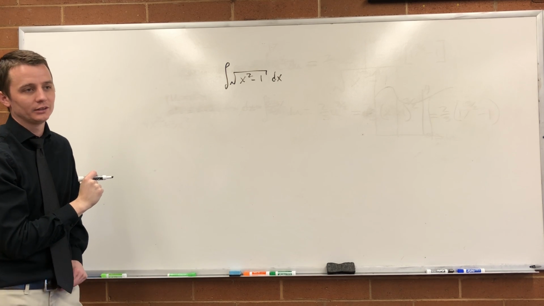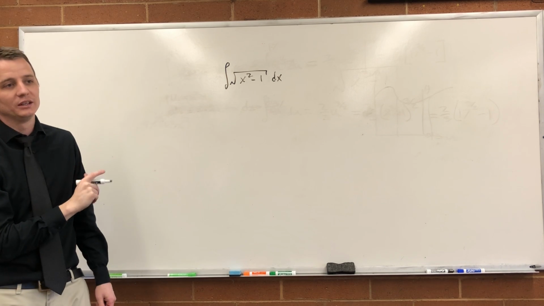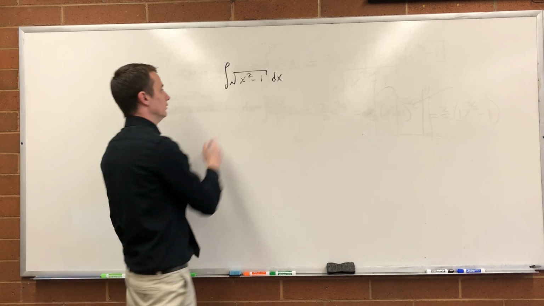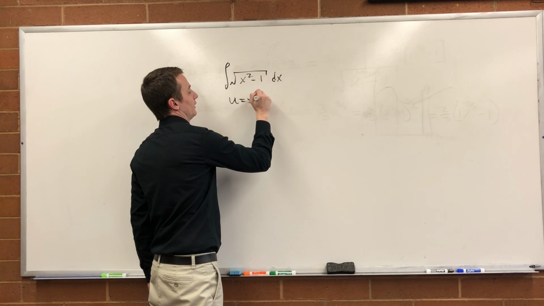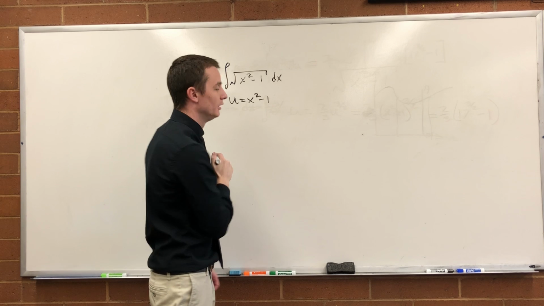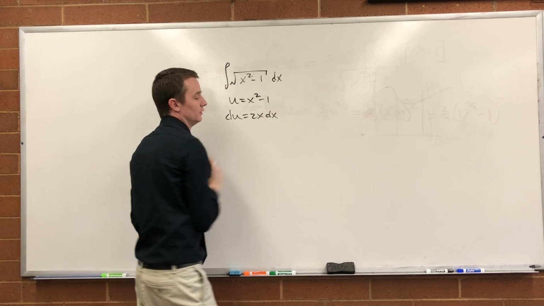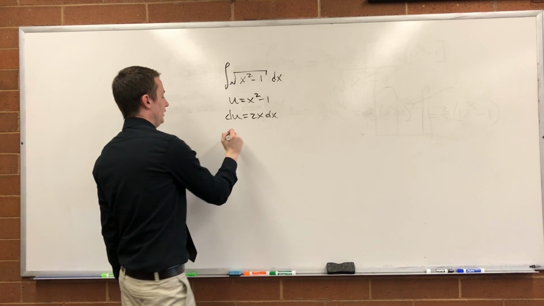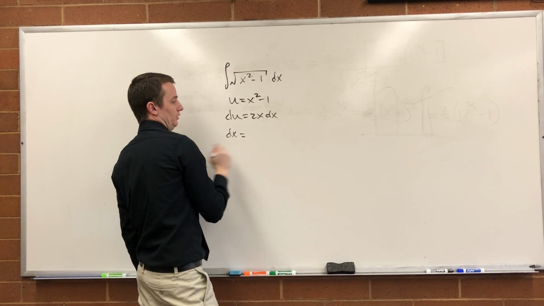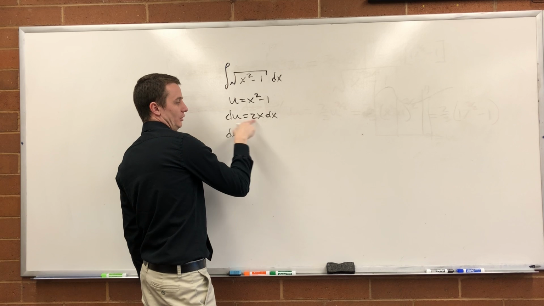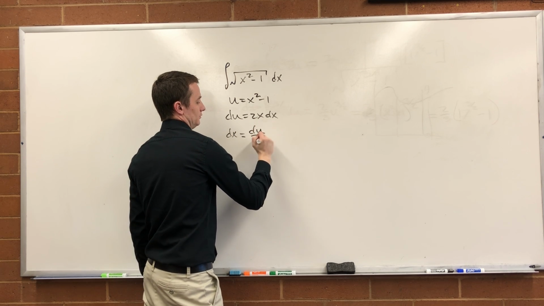You'll learn in Calc 2 how to calculate this integral. But let's be a little bit naive and try to use the substitution rule. Okay, so u is equal to x squared minus 1, right? So du is equal to 2x dx. Okay. So dx is equal to du over 2x, right?